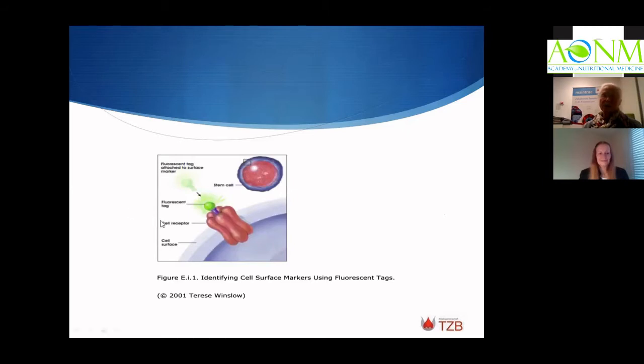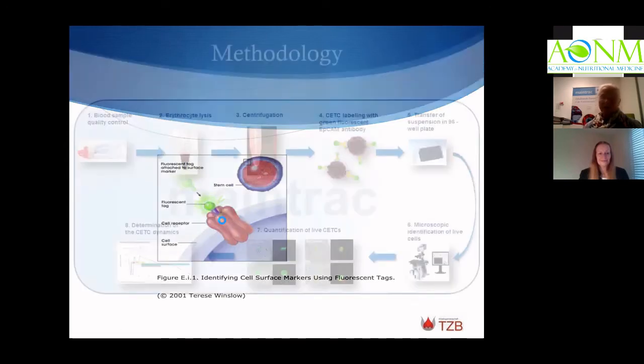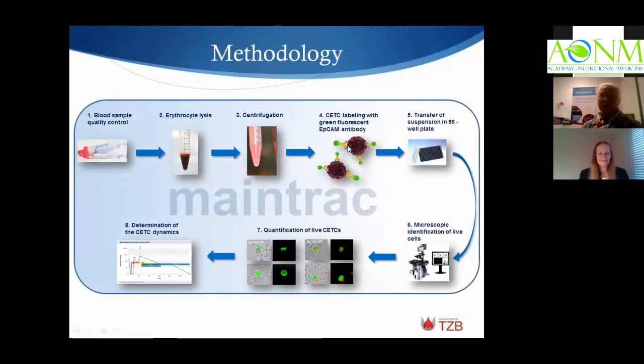You can imagine that on a cell, there is a molecule which transgresses the cell membrane, and it can be visualized by tagging it with a fluorescent tag. We use antibodies which are fluorescently tagged to detect these cells.